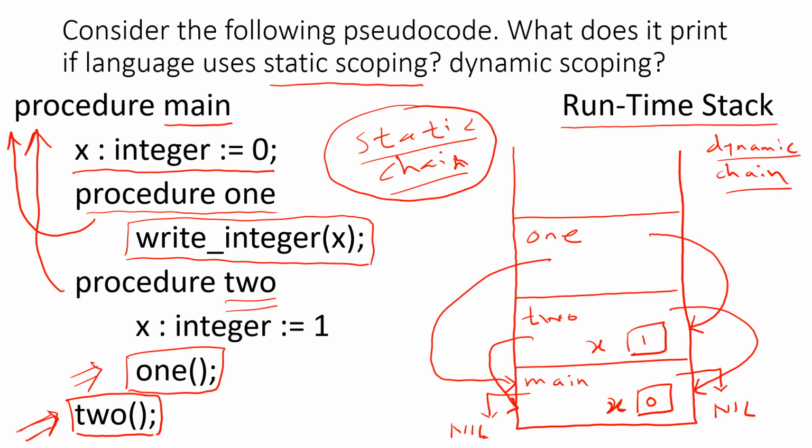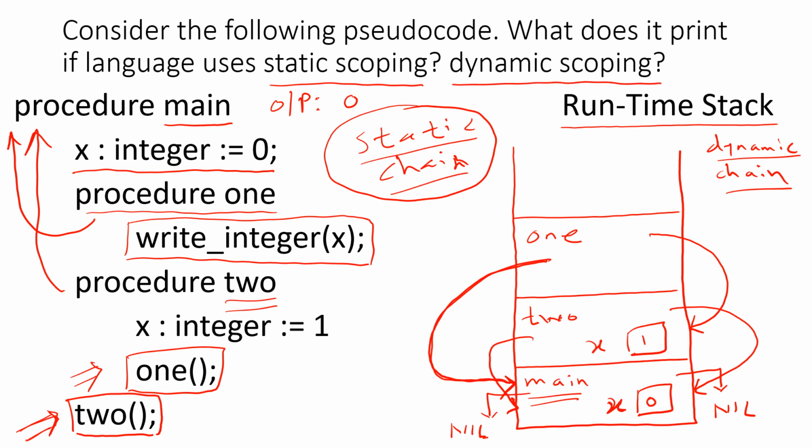And when the static chain is used, 1 will follow the static link and will come over here and will fetch main's x. So the output with static scoping rule will be 0, right? Because 1 will fetch main's x. Okay, so the output is 0.